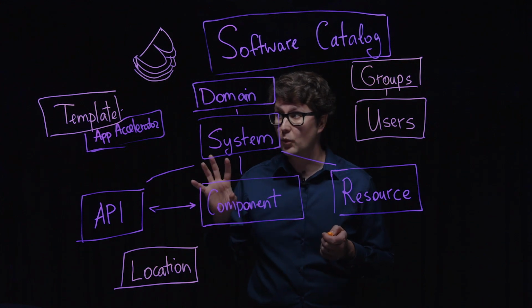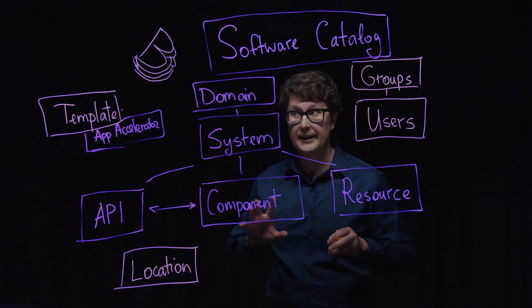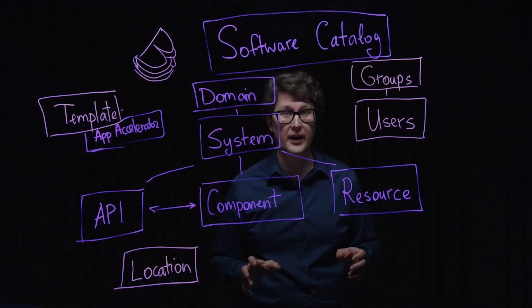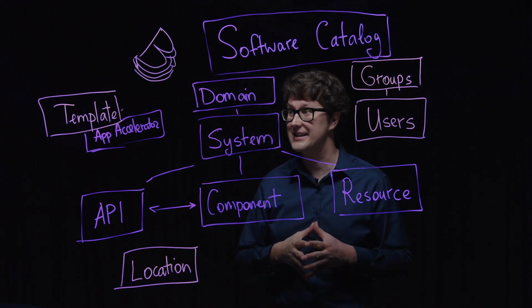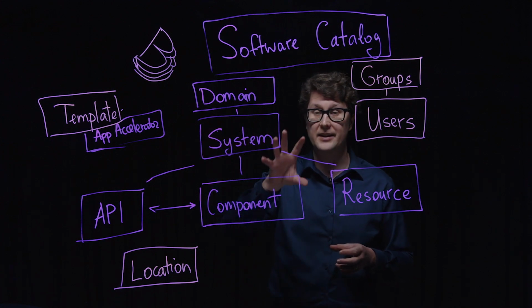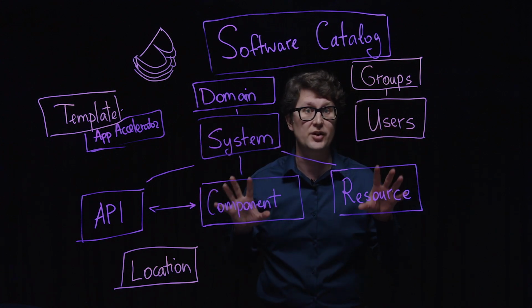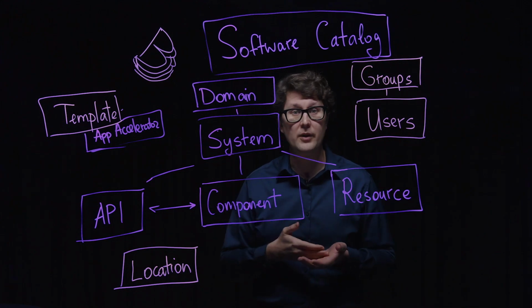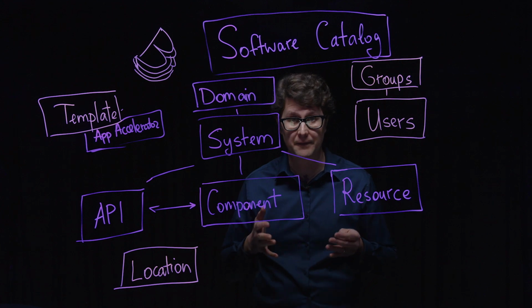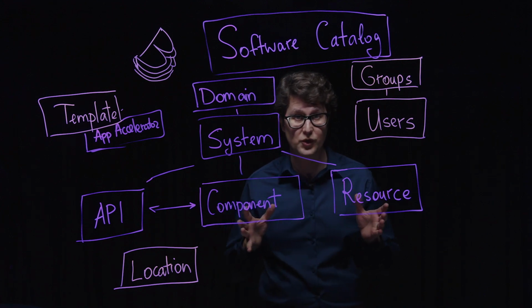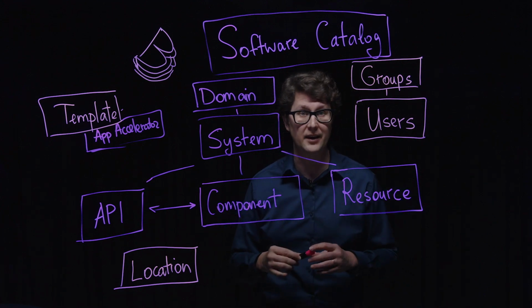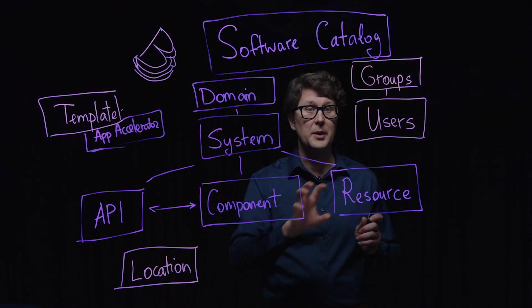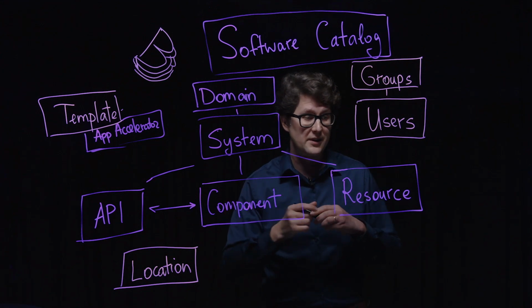I also started in the beginning that we have different kinds, and I use it with a capital K, kinds of assets in the software catalog, and this has been a description of the basic kind model. But we also have another layer of flexibility that allows you to store and properly catalog all of your software assets. Each kind could be broken down into several types.